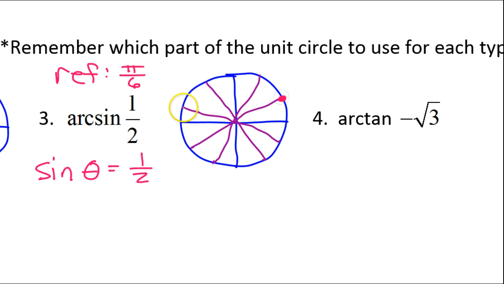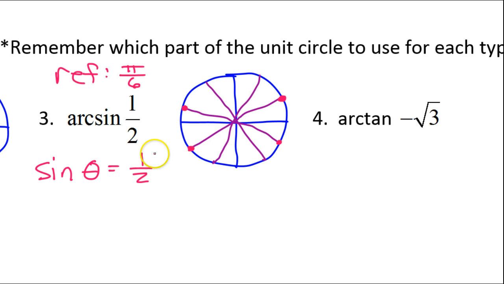They are the 4 spots that have a reference angle of pi over 6, above and below the x-axis. These lines are not very straight, but you get the idea. But 2 of these will have a positive sign, and 2 of them will have a negative sign.